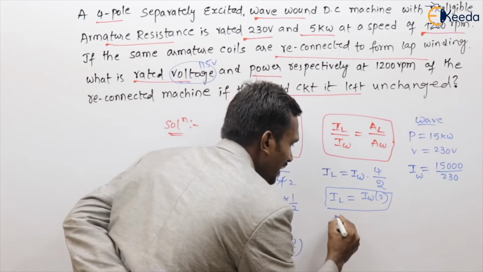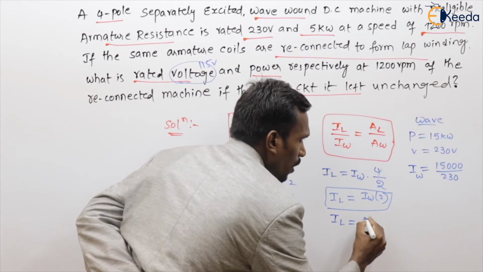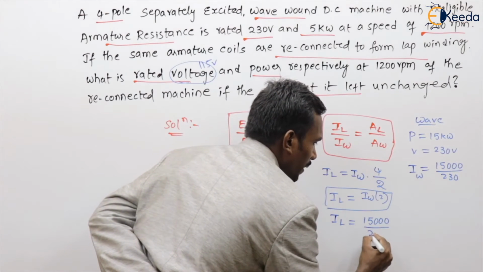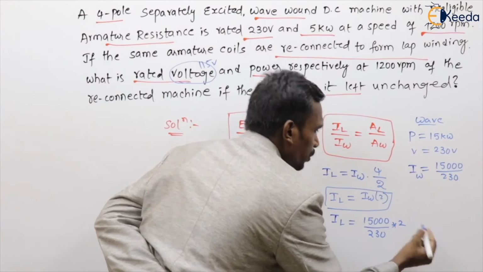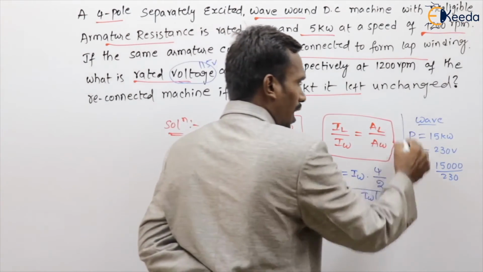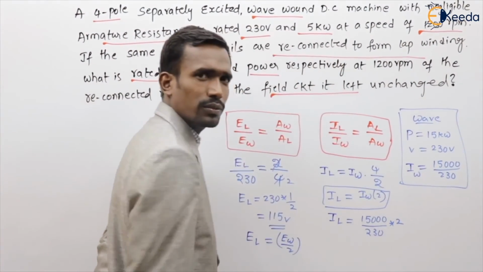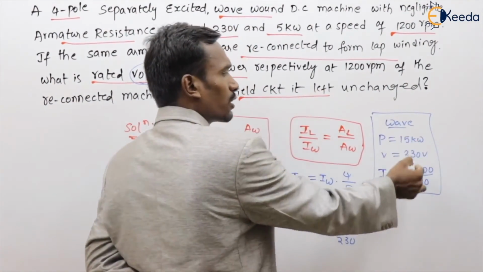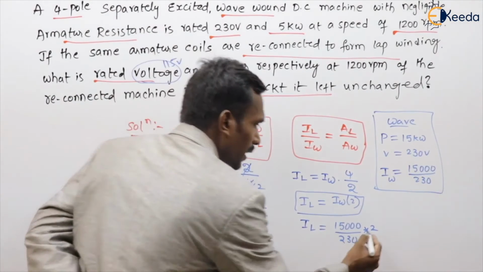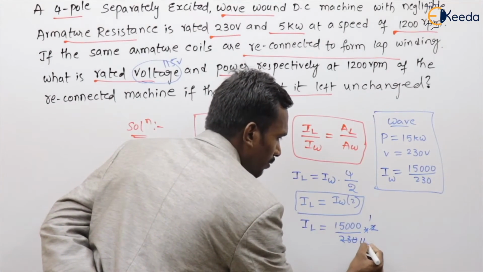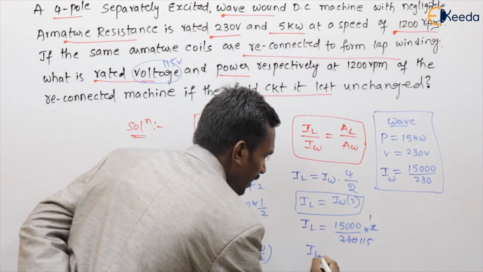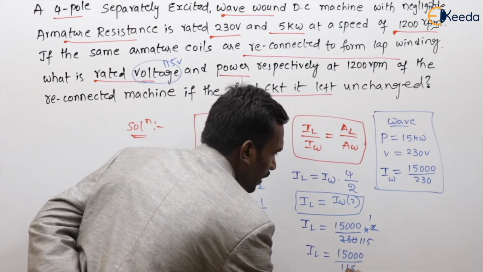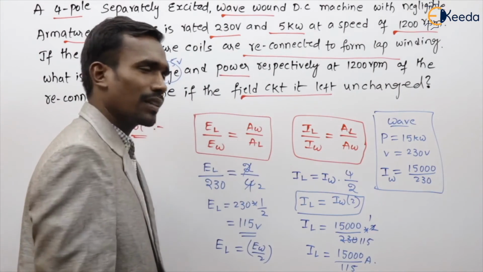Then what is IL? IL is equal to IW into 2. I calculated my IW value, with P given and V given, as IW is equal to P by V. Then the voltage is 115. So my IL is equal to 10,000 by 230 amperes.